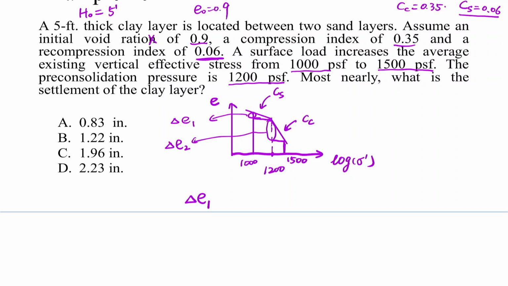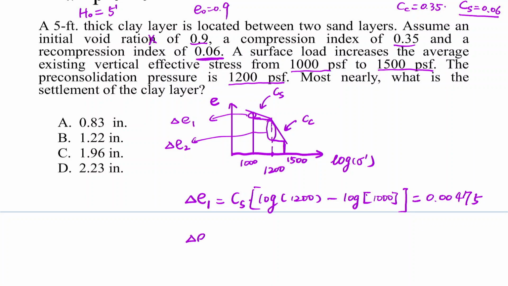So if you want to calculate the delta e1, then what we're talking here is use the recompression index, that C sub S times the log 1200 minus log 1000. So that would give you the delta e1, which is about 0.00475.